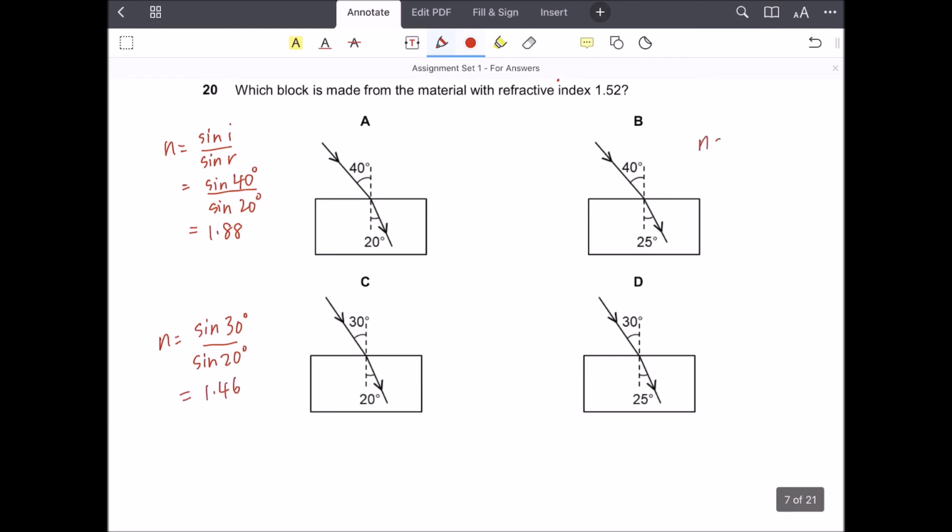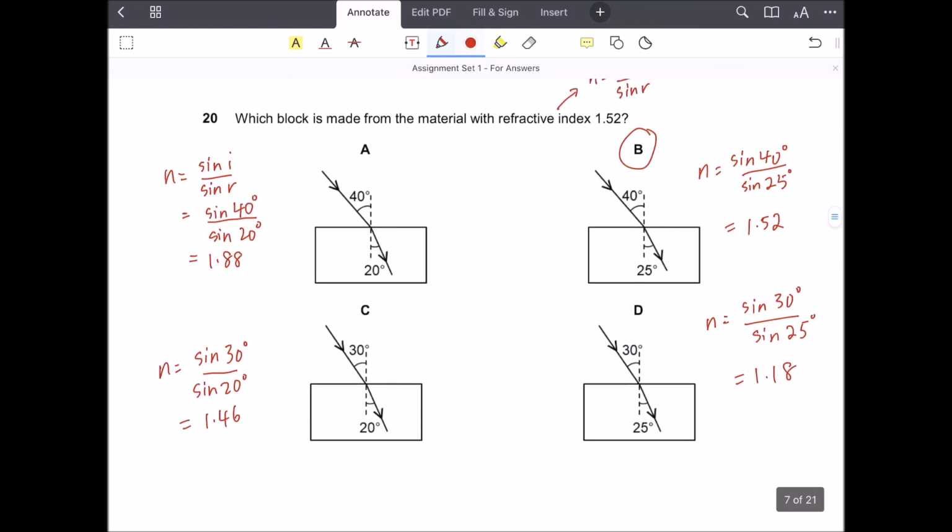Those of you who have not tried this question, please do try again. For question 20, I saw that for B I got the answer already, but I'm just going to check D to see whether I calculated wrongly or not. So I see that only B actually satisfies the refractive index of 1.52.